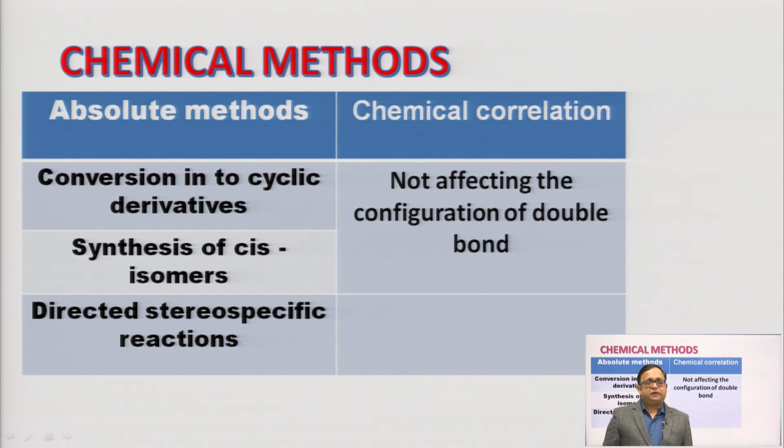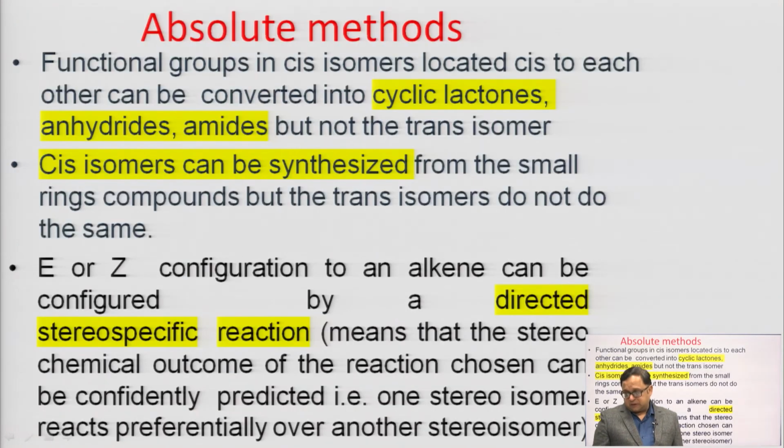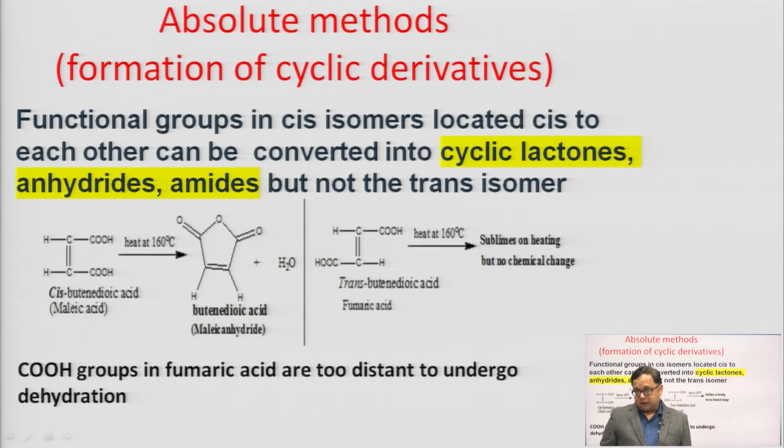Similarly, we can utilize chemical methods, the absolute method. In the absolute method, first is the conversion of the compound into its derivative. What are we doing here? We are converting the compounds into a cyclic derivative. Why is it happening?